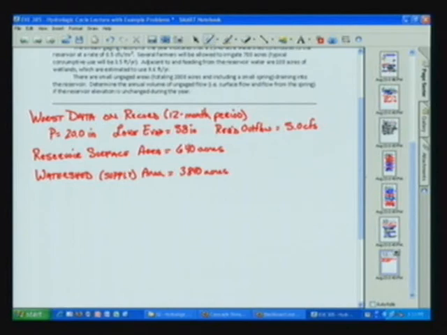The runoff rate is 0.5 cubic feet per second per mile squared of area. And we should note here there are 640 acres in a single mile squared.